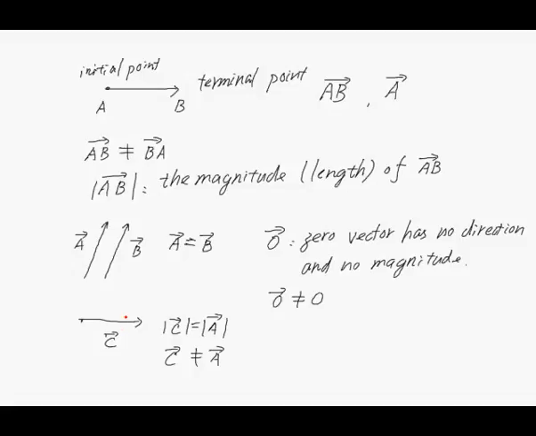So in order to have two equal vectors, you must have the same magnitude and the same direction. Now let's talk about scalar multiplication and addition for vectors.